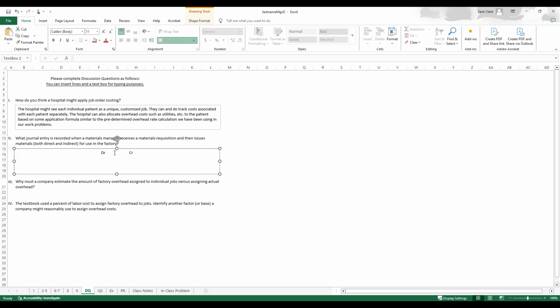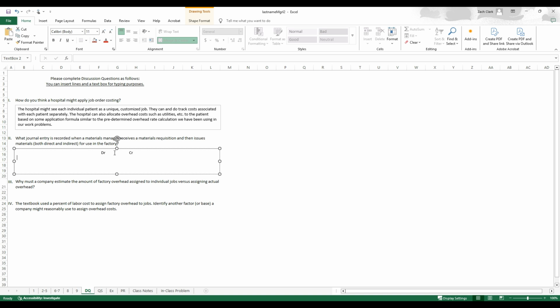The materials requisition form is what we're going to use to allocate those costs into the specific categories of manufacturing costs. And so the first entry we do is to buy the raw materials, right?